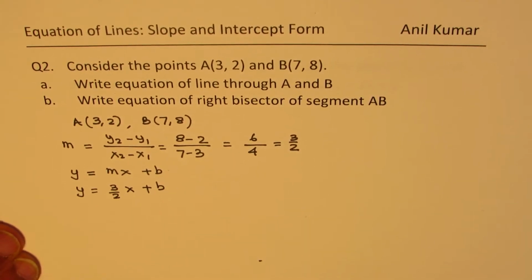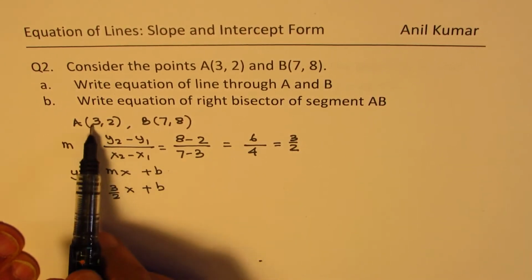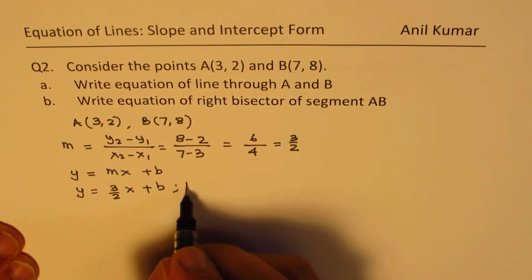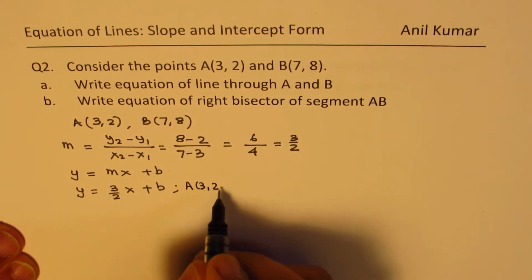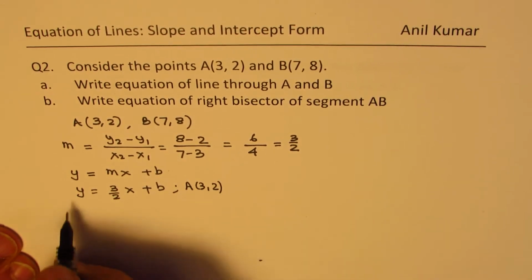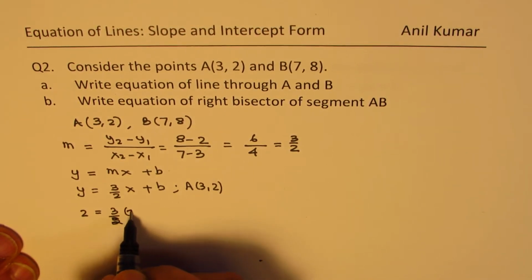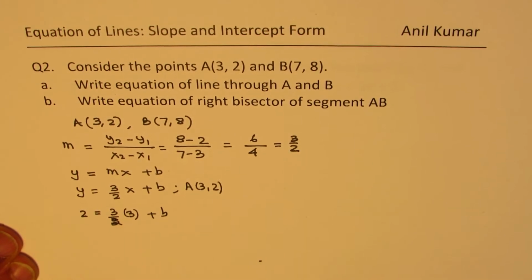Now to find the value of b, we'll use one of these points. Let's use A, which is (3, 2). That is to say, the y value is going to be 2 for an x value of 3, right? And we can find the value of b, right? So we have 9 over 2 here.